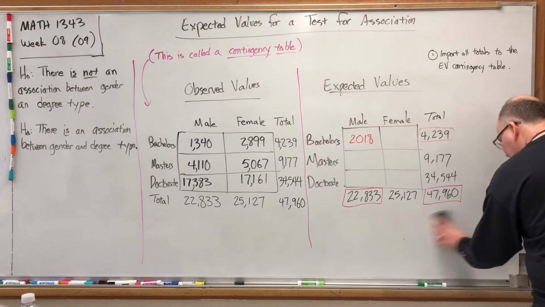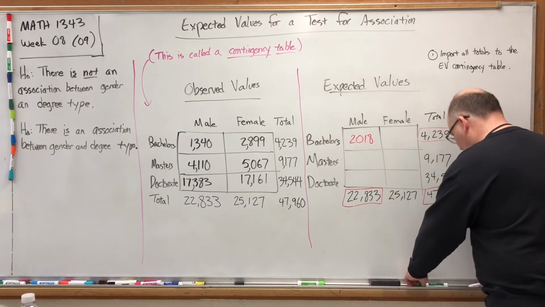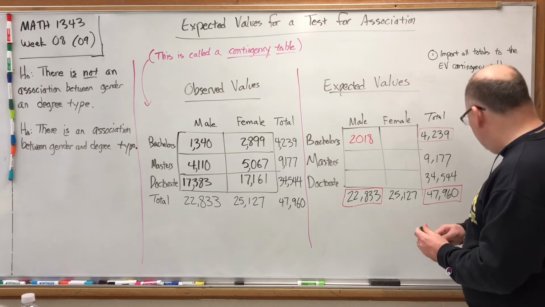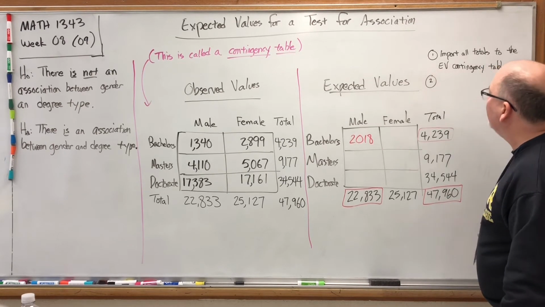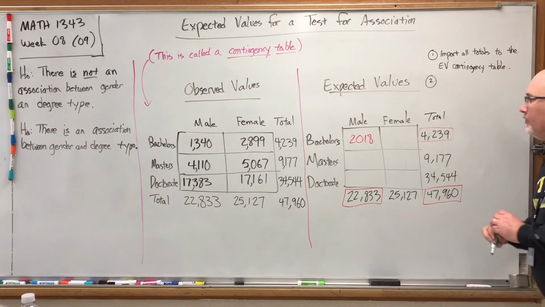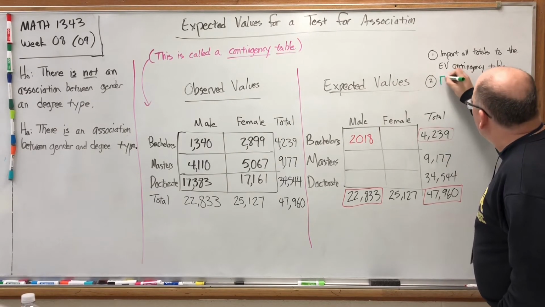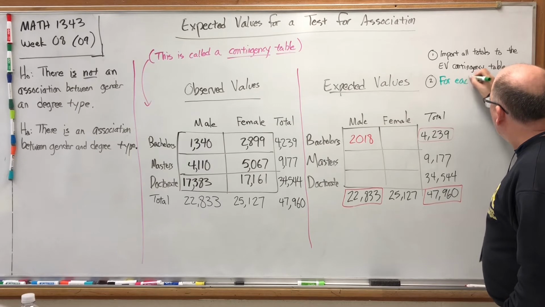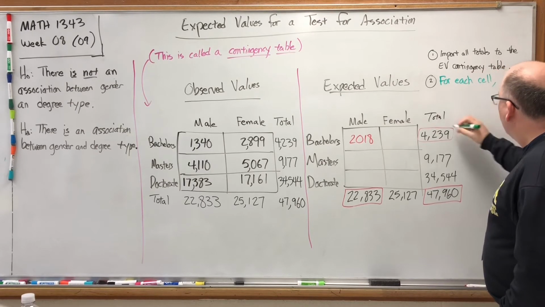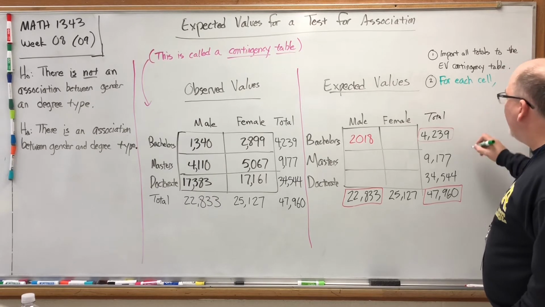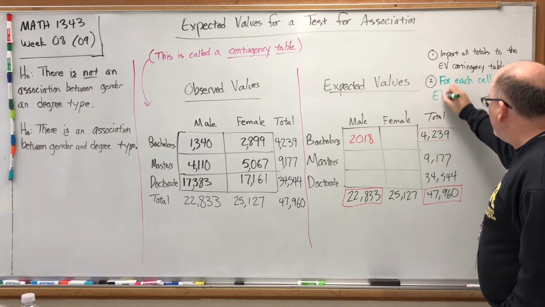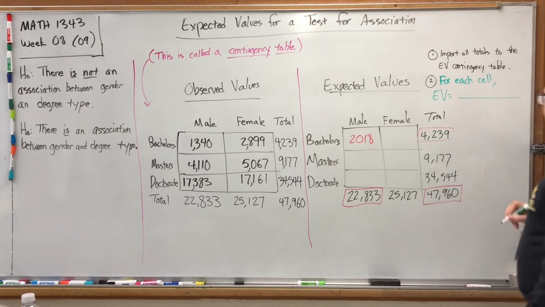But what really happened here is we built a formula. So without further ado, we'll fill in step 2 here right now. For each cell, the expected value is the following formula.